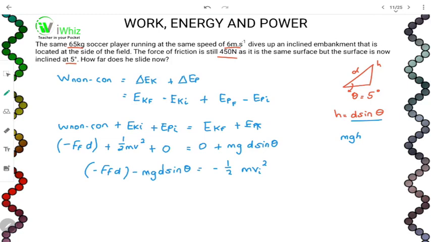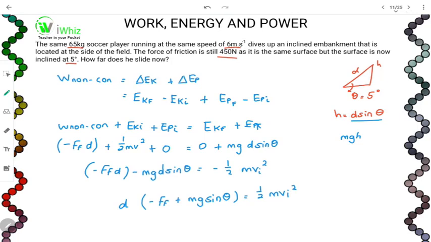Once I do that, I can say that here I have d as a common factor. So if I take out the d as a common factor into negative force of friction plus mg sine theta, this is going to be equal to half mv initial squared. And can you see that we removed the negative sign because we had negatives across?